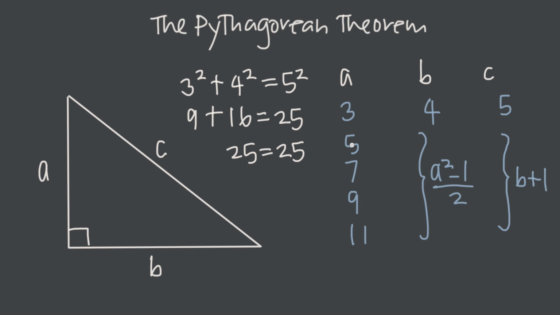Well, we take the value of A, 5, and we plug it into this, A squared minus 1 over 2. So what we get there is 5 squared minus 1 over 2, which is equal to 25 minus 1 in the numerator.